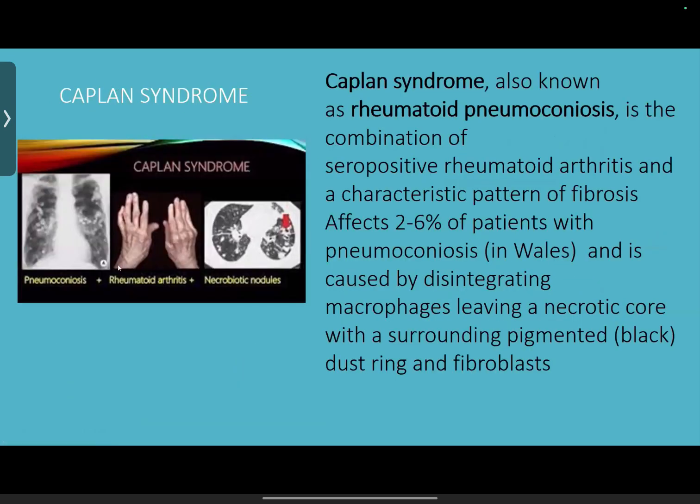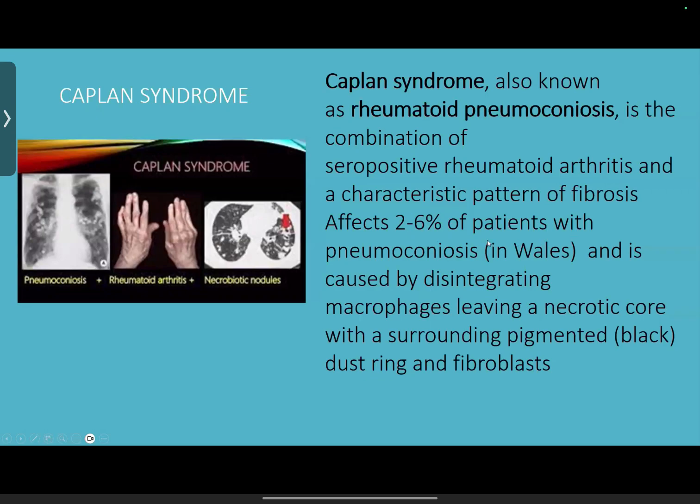Now, a disease that you may not have seen is Kaplan's syndrome. This is a combination of pneumoconiosis with rheumatoid arthritis, and this combination then produces this syndrome, Kaplan's syndrome, necrobiotic nodules.